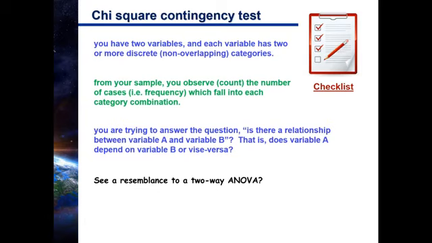But you didn't look at frequencies to come to that conclusion. You looked at means, right? You wanted to know if the means in each of the cells changed in such a way to suggest that whatever effect factor A is having on the dependent variable depends on factor B. So it's the same kind of thing with the contingency test, only instead of looking at means, you're now looking at frequencies.